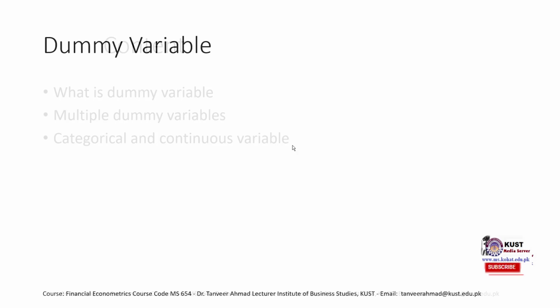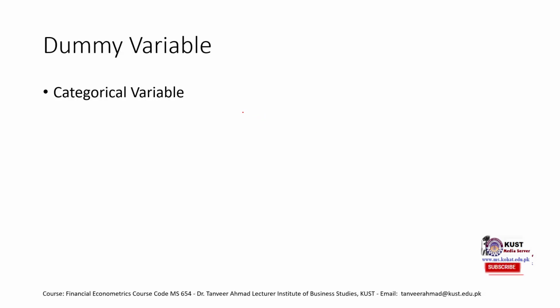Starting with our simple idea, what a dummy variable is: it is a categorical variable. When we have a variable, say for example gender, we call it a categorical variable. If you remember the discussion on the scale of measurement, we had a ratio scale, an ordinal scale, a nominal scale, and an interval scale.